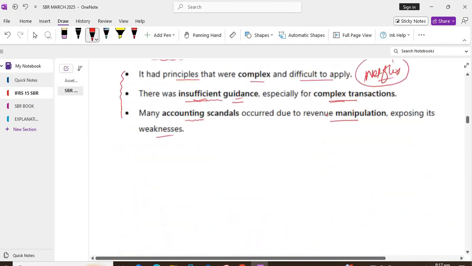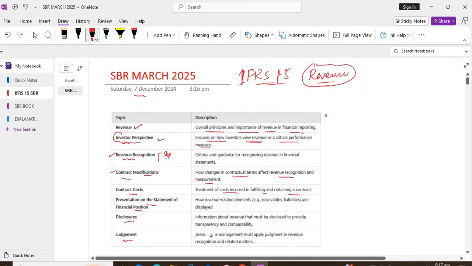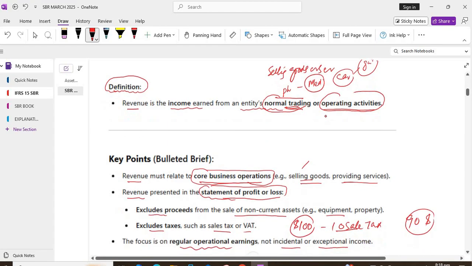Okay, what we have done till now: we have discussed what we will study in this standard, IFRS 15, and then we started with the revenue definition, that this is all about ordinary or normal trading. Whenever you are earning income from the ordinary business, you will consider it as your revenue.